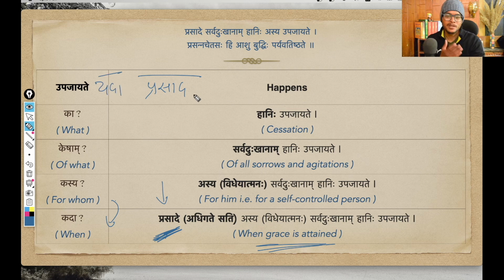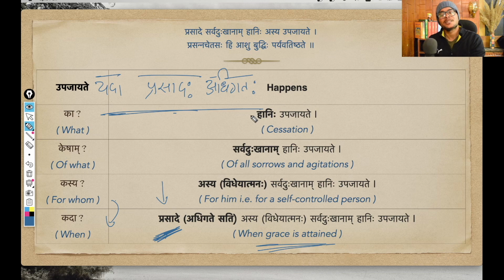Suppose in the previous shloka, Krishna says prasadam adhigacchati, that such a person attains grace, right? So now he will start the next sentence by saying, when the grace is attained, right? Basically Krishna is trying to say this: yada prasadaha adhigataha, that when the grace is attained.